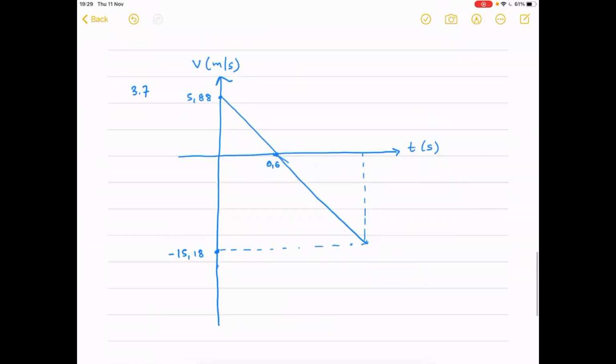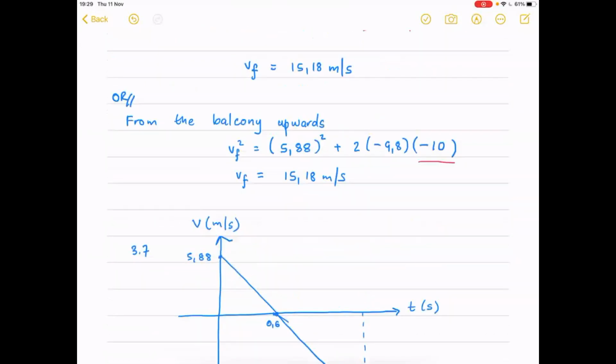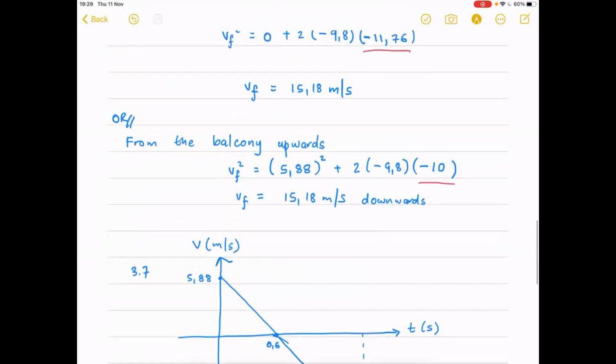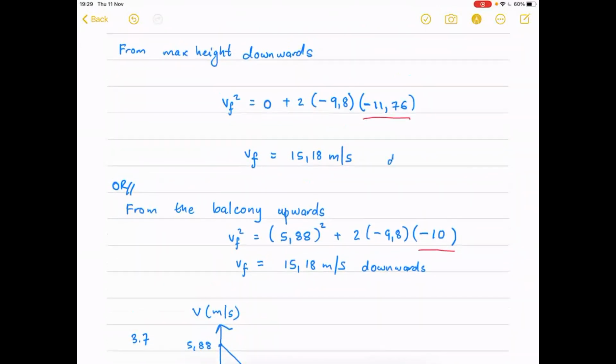Okay, yeah, and even here, when we calculated this VF from here, it's supposed to be downwards, hey? Which should have a negative sign for both of them, because it's plus or minus. We should not have left that out, sorry.